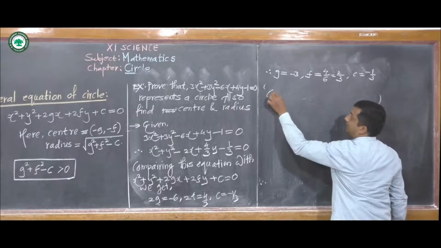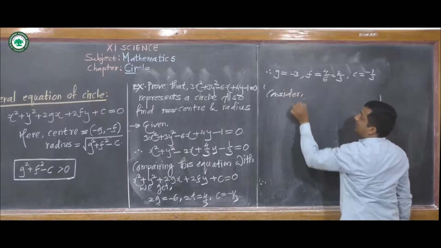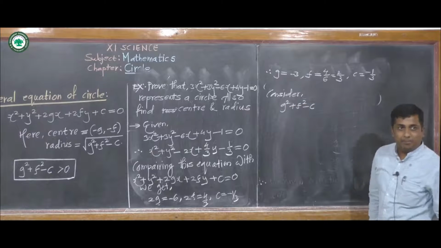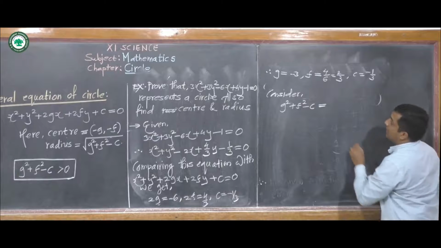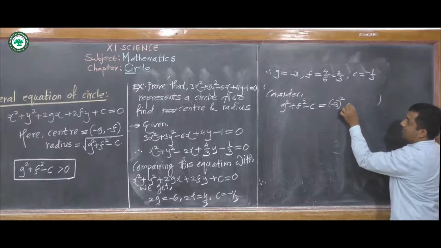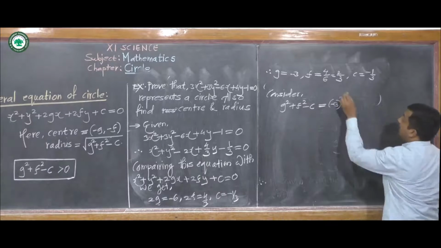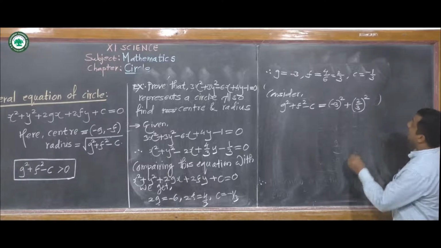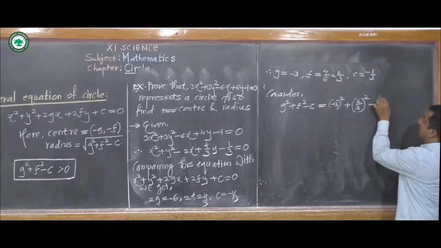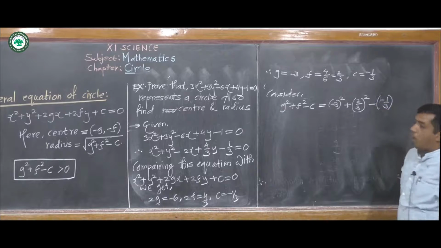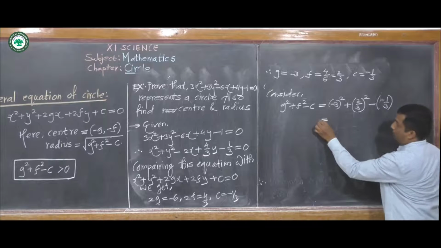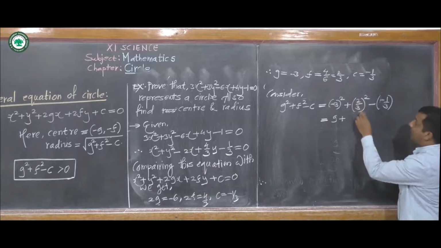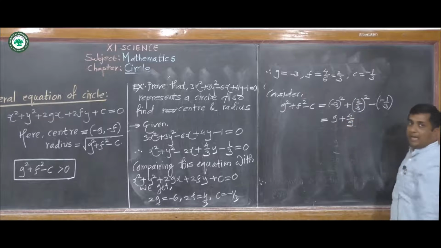g square plus f square minus c is equal to, here g is minus 3, so minus 3 square, plus f is 2 by 3 square, then minus c, for c minus 1 upon 3. We know minus 3 square is 9 plus 2 by 3 square is 4 by 9.